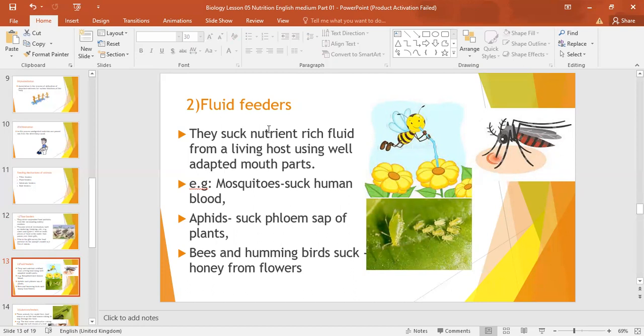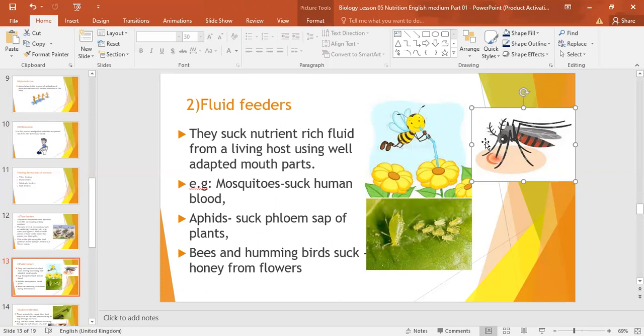They suck nutrient-rich fluid from a living host. This living host may be an animal or plant. Mosquitoes suck blood not only from humans, they suck blood from other animals also. When we use mosquito trapping devices, we sometimes use cows.